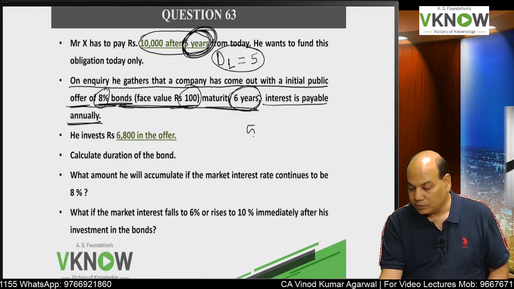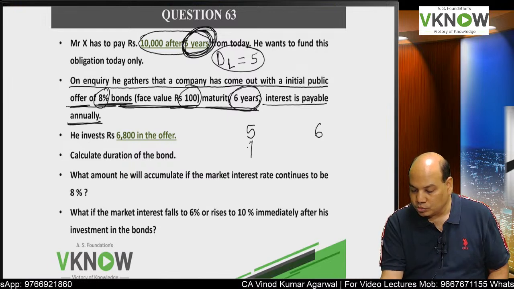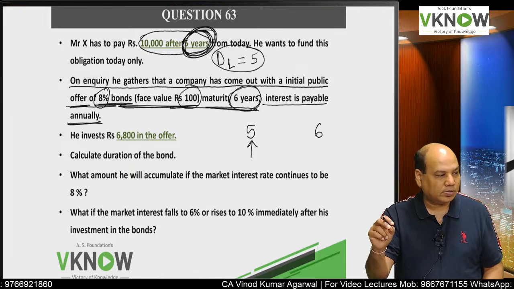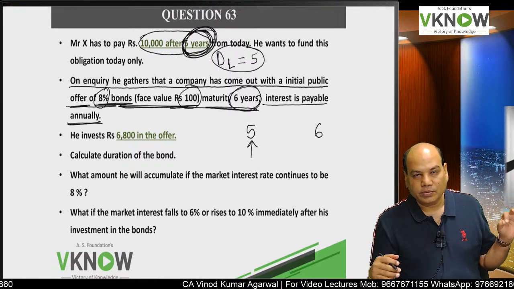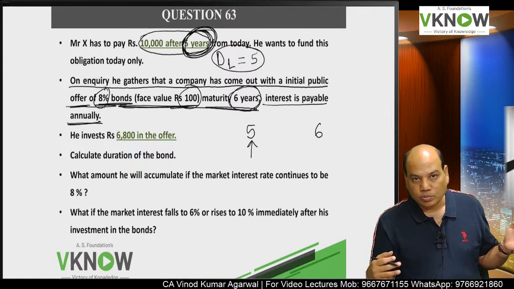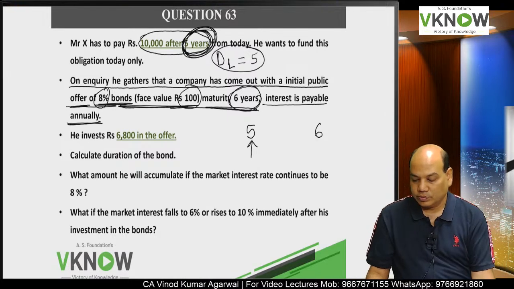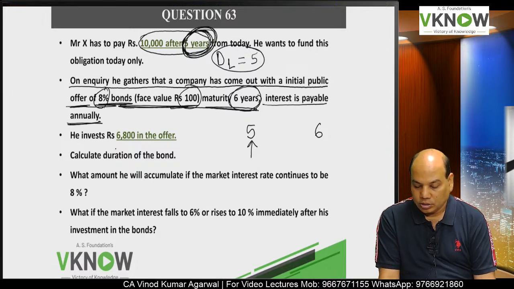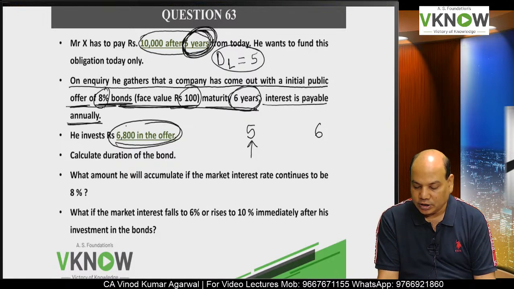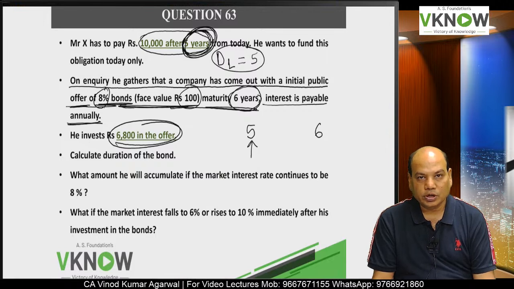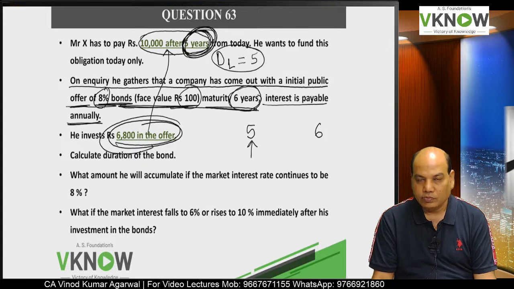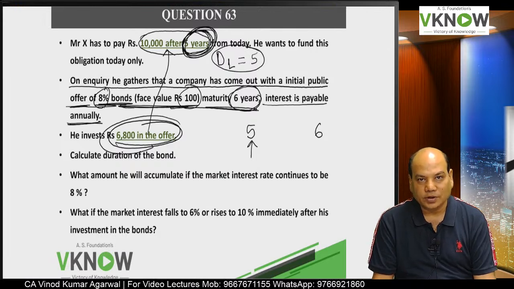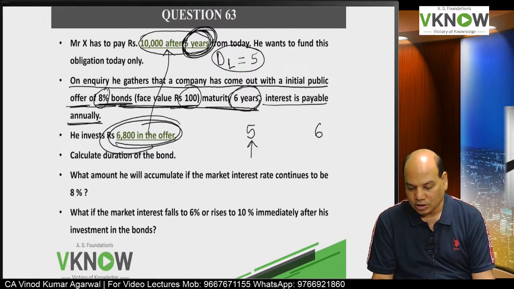If you want money after 5 years and the term to maturity is 6 years, you will have to sell the bond at the end of 5th year. You have to sell the bond at the end of 5th year, and at the end of 5th year, if the interest rate has changed, you might gain or you might lose. He invests 6,800 in the offer because he wanted to ensure that this 6,800 with coupons will become 10,000 rupees after 5 years and he can pay his liability.